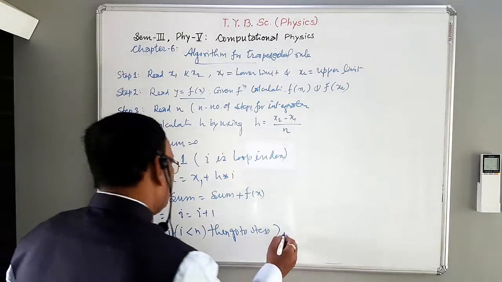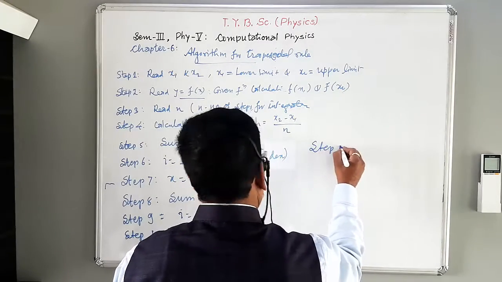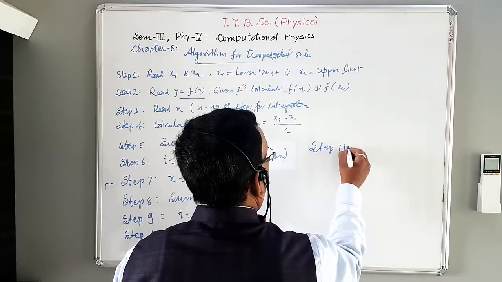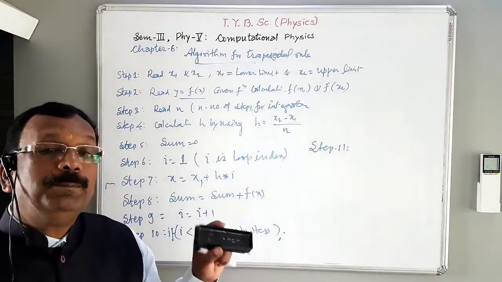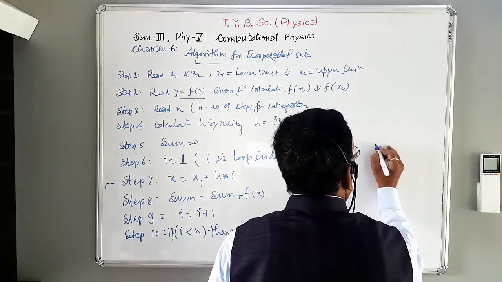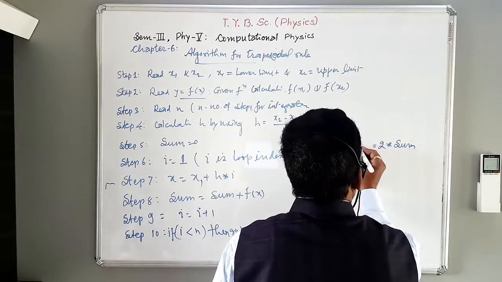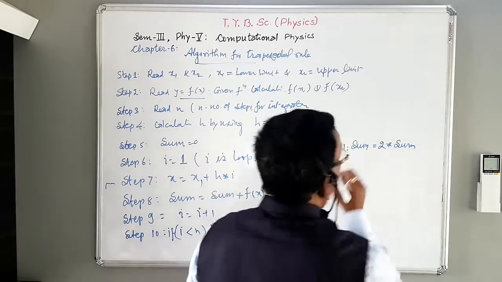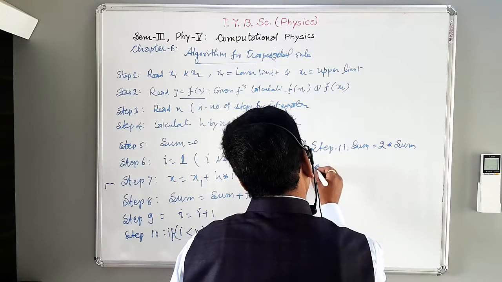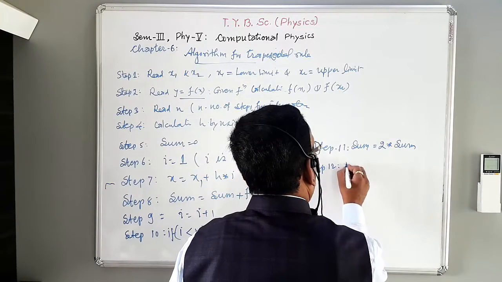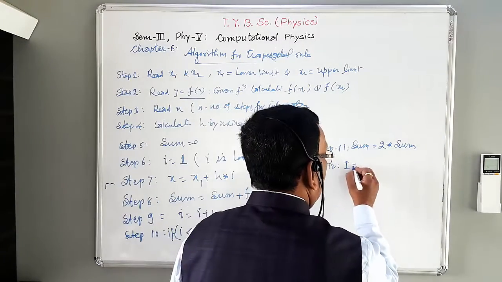Okay. Again in step 11, we simply multiply the sum by 2 and assign the result to the variable sum. Okay. And then last, in step 12, we have to use the trapezoidal rule and calculate the integral.